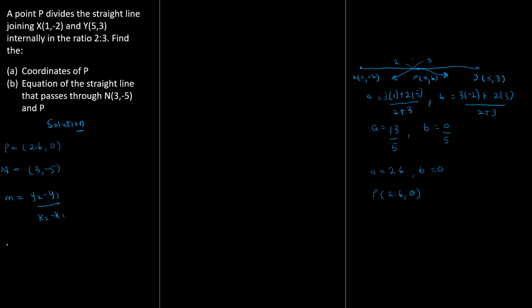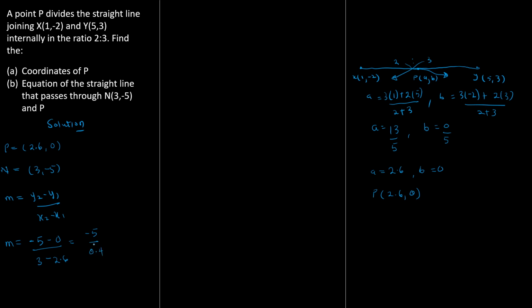Our y2 will be -5, and our y1 will be 0, all over our x2 will be 3, minus our x1 will be 2.6. That will lead us to -5 all over 0.4.